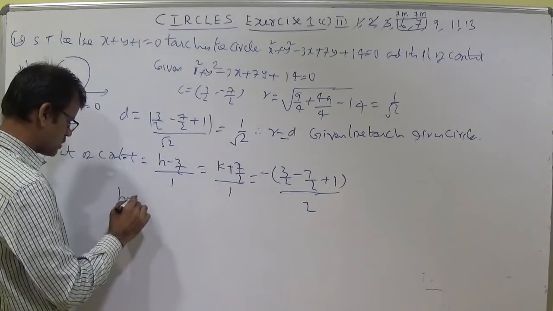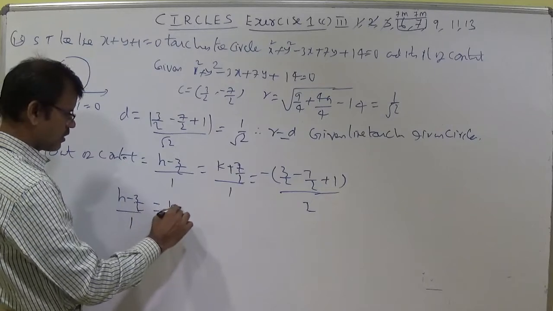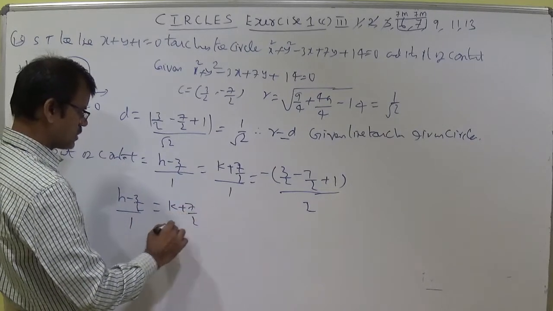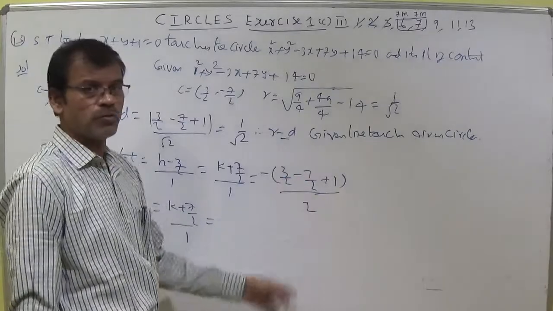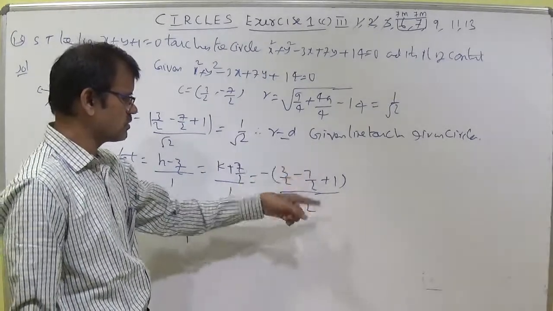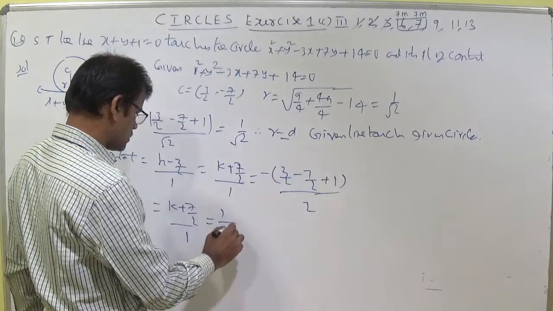This is 3 minus 7 minus 4 by 2, minus 2 plus 1, minus of minus 1 by 2. This is 1 by 2.